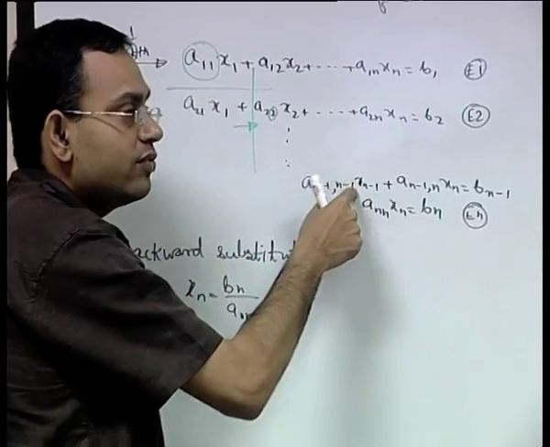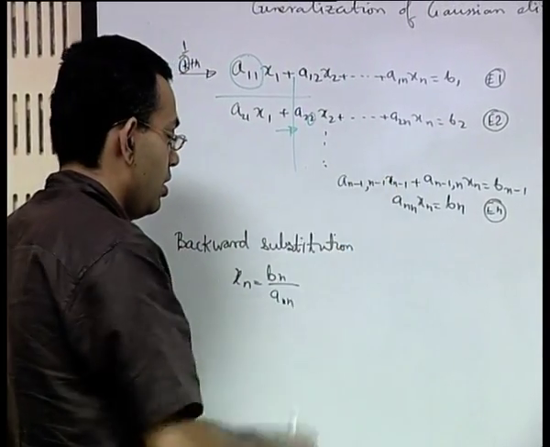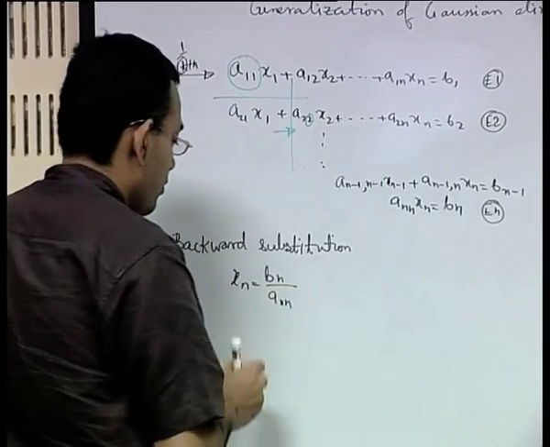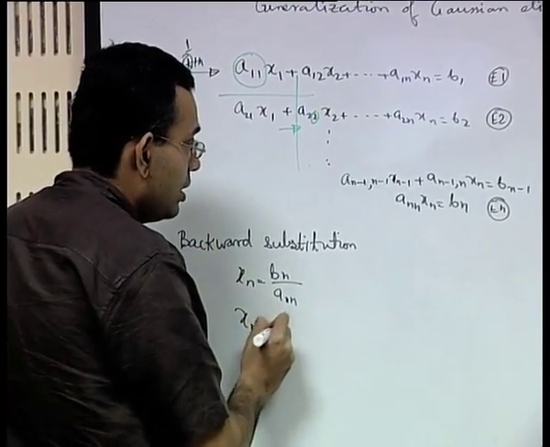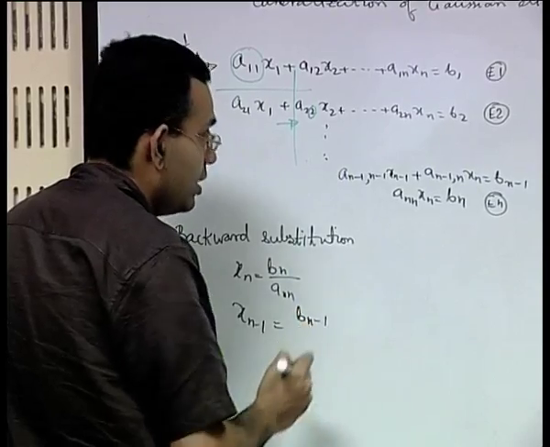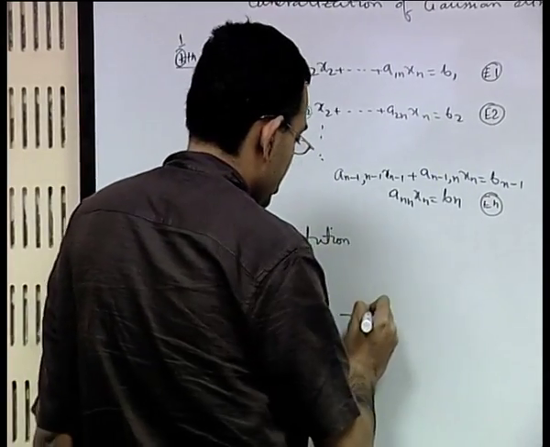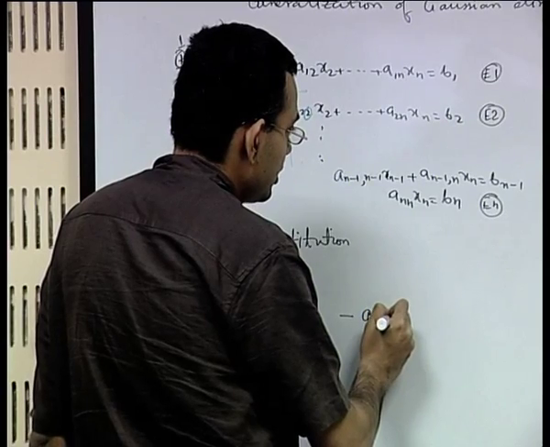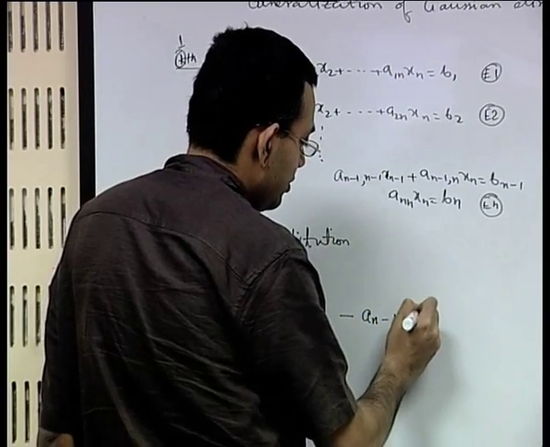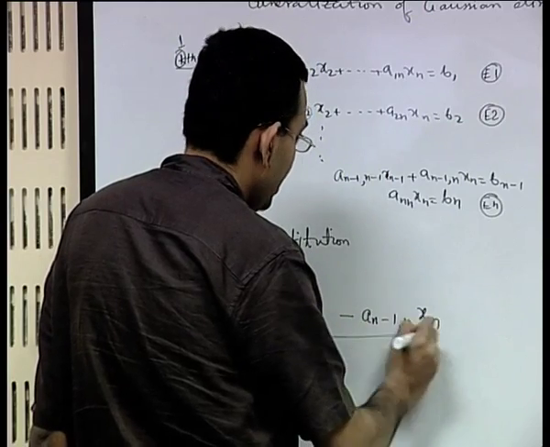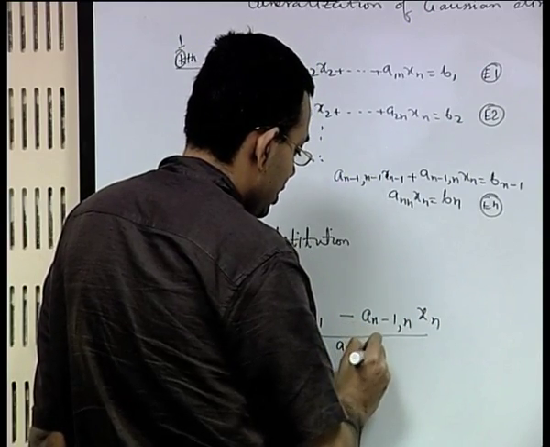So only starting from the diagonal it is there. So you have xn minus 1 is equal to what? bn minus 1 minus an minus 1 n xn by an minus 1 n minus 1.